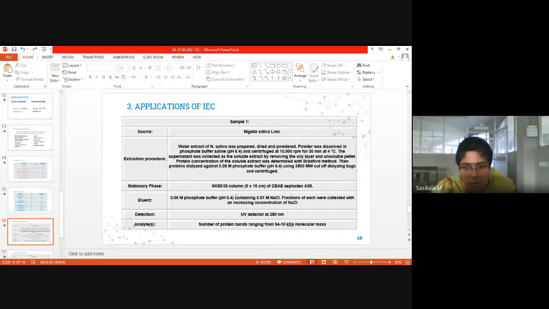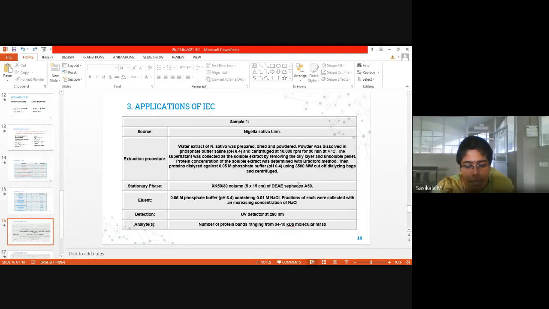And what is the stationary phase used? DEAE Sephadex A50. DEAE, what type of exchanger? Anion exchanger, diethylaminoethyl, will carry positive charge. So protein will exist as negatively charged ion in this buffer. At pH 6.4, the selected protein from this plant will exist as anion.